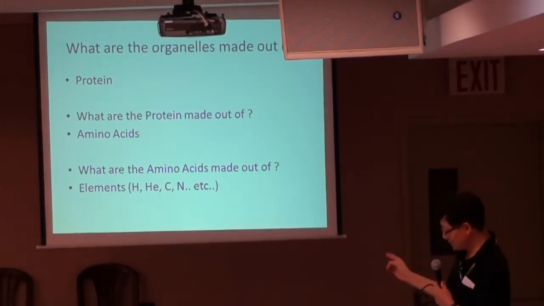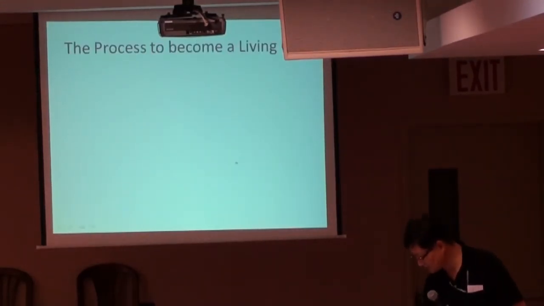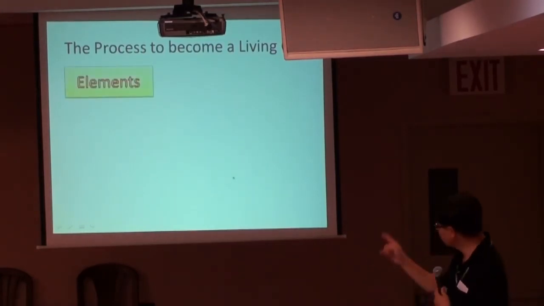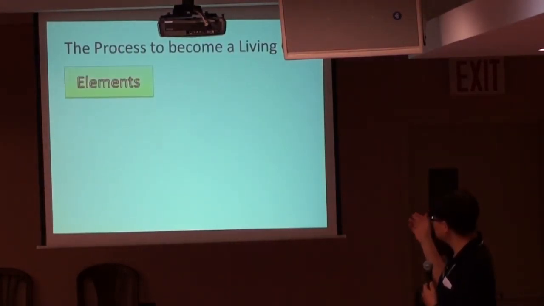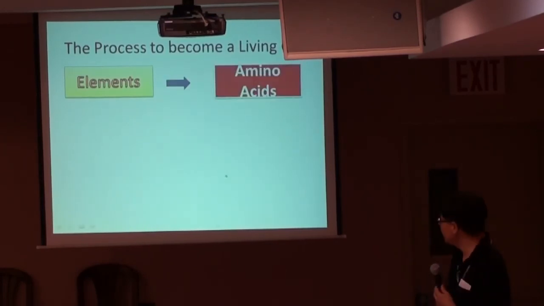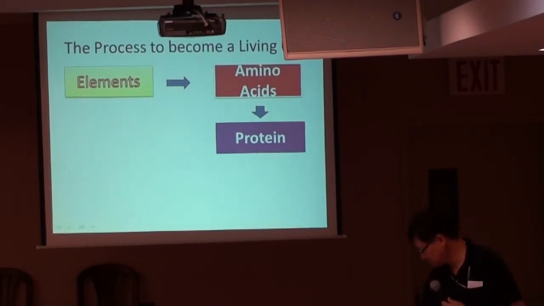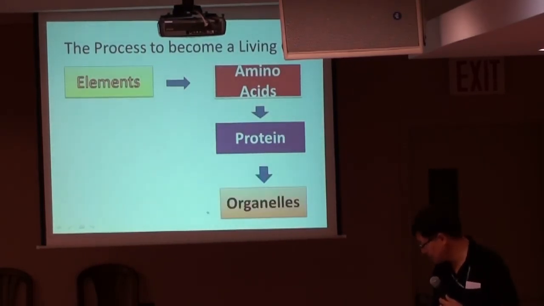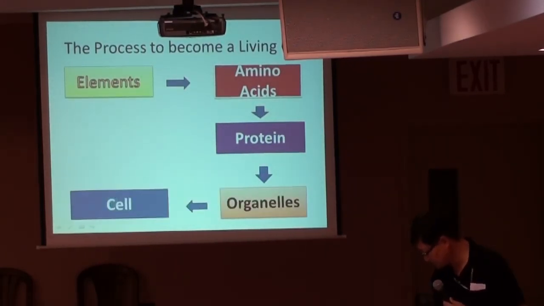So today I'm going to cover just that part. So again, the process to become a living thing is: elements gather together to become an amino acid. Amino acids gather together to become a protein. Proteins gather together into organelles, and after organelles comes the cell.